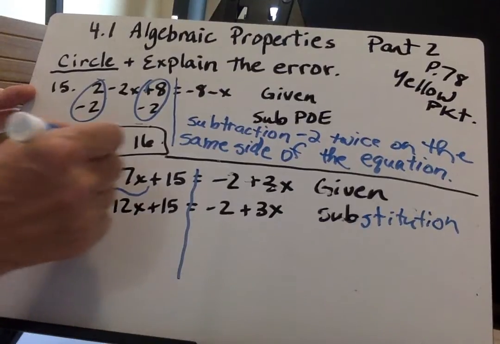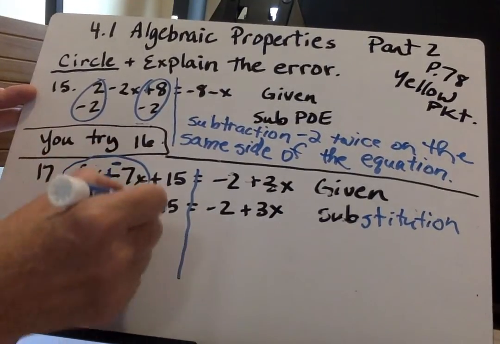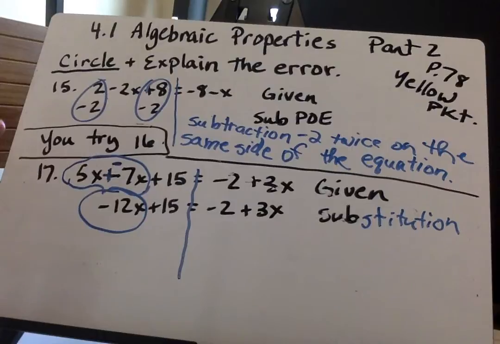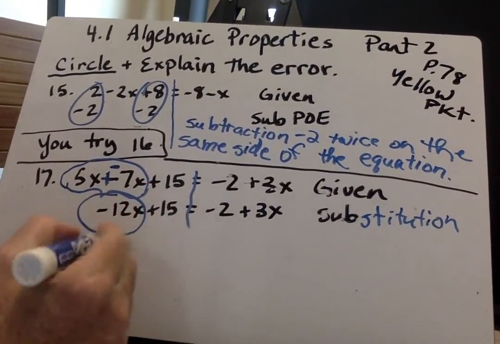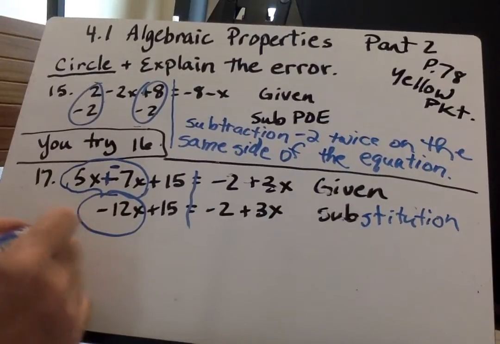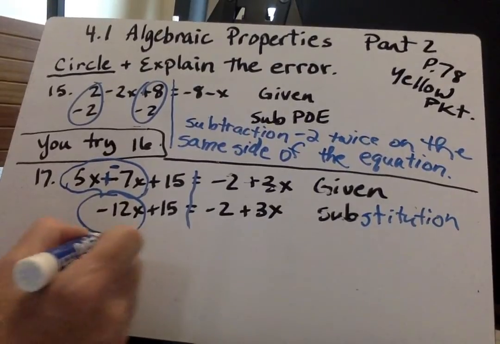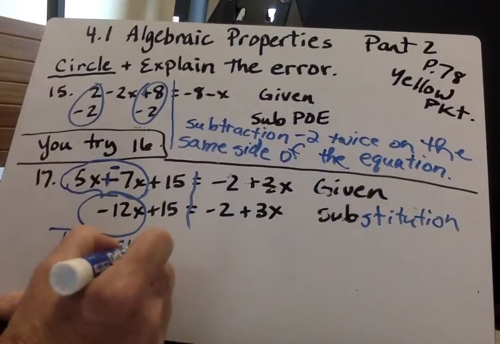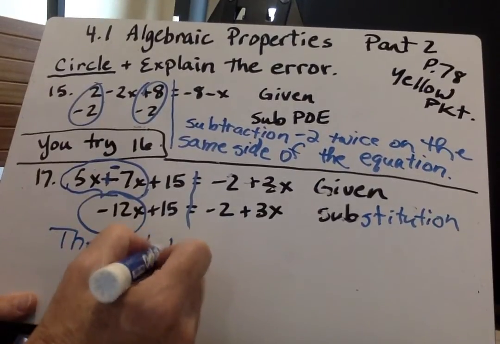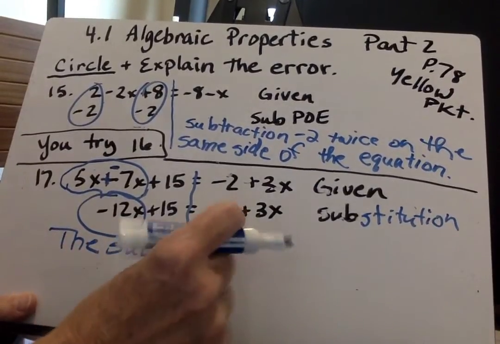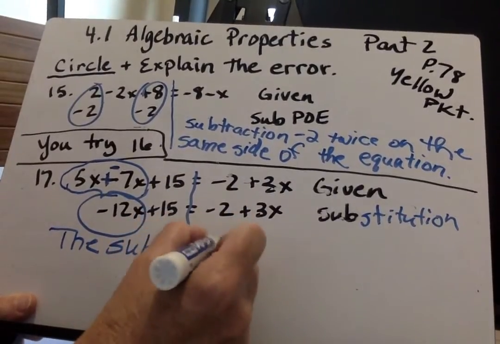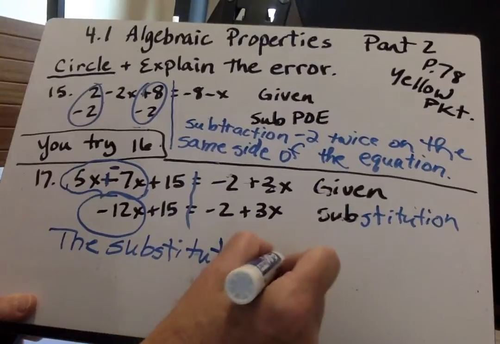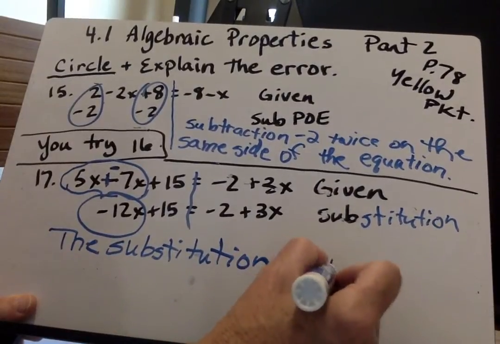So we can circle this part and this part, because we can say the substitution is incorrect. Or just wrong.